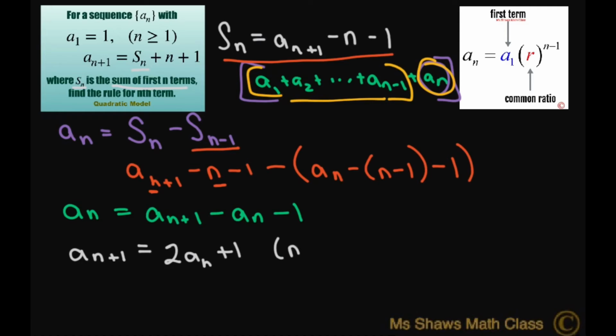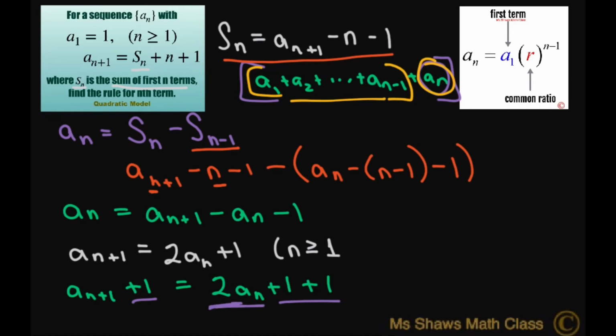And this is for n is greater than or equal to 1. So what I'm going to do is add 1 to both sides. So I'm going to add a sub n plus 1 plus 1. And then write this as 2 times a sub n plus 1 plus 1. So I just added 2 to both sides.